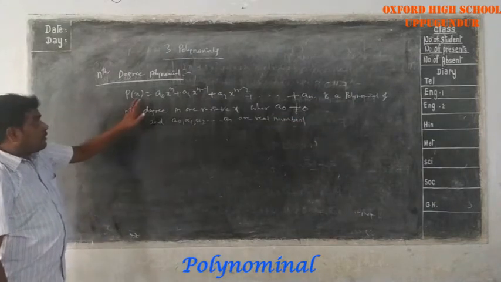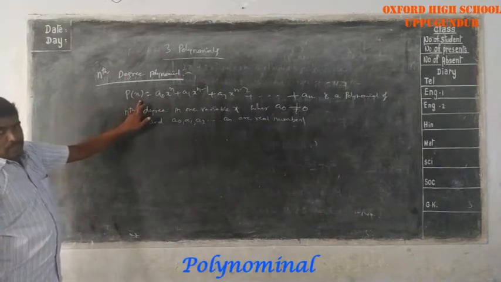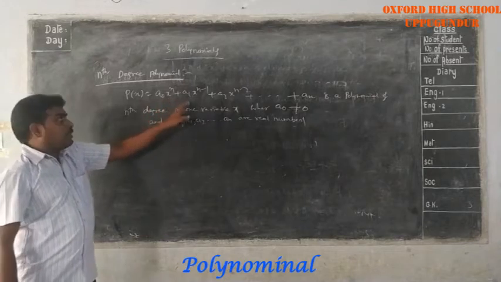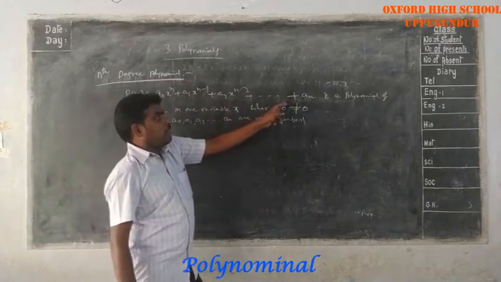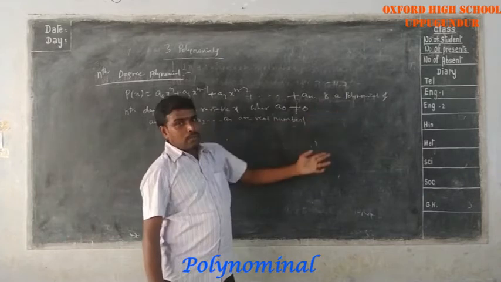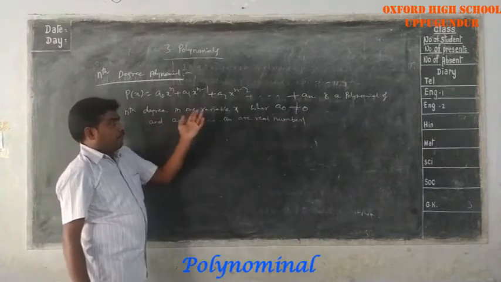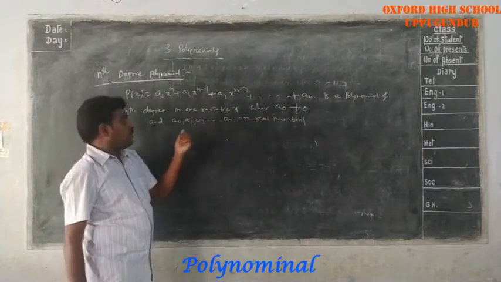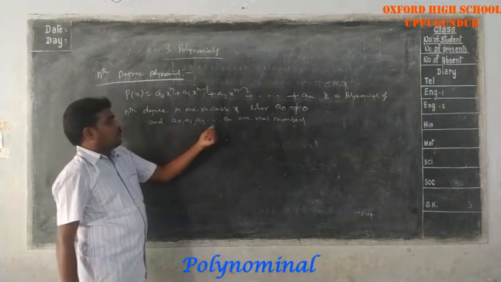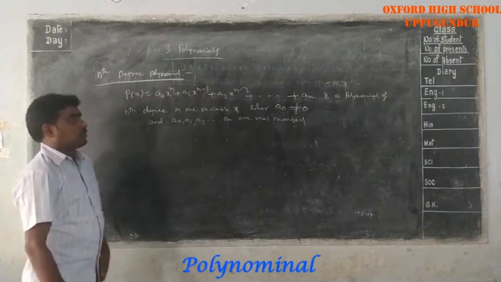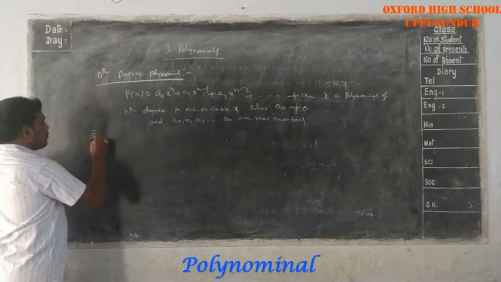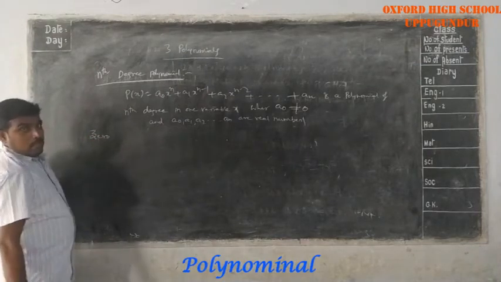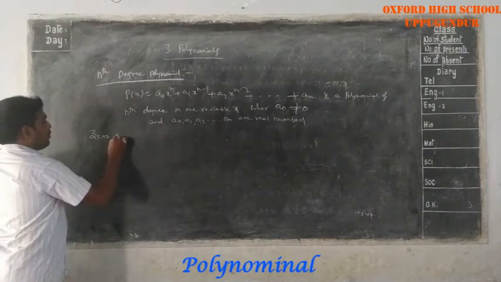So if p of x is a polynomial in one variable x, a naught x power n plus a1 x power n minus 1 and so on up to an is a polynomial of degree n, where a naught not equal to 0 and a naught, a1, a2 and so on up to an are real numbers. Now from this we can say zero polynomial.